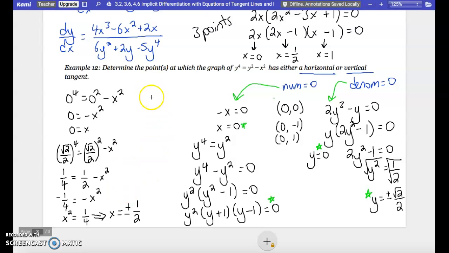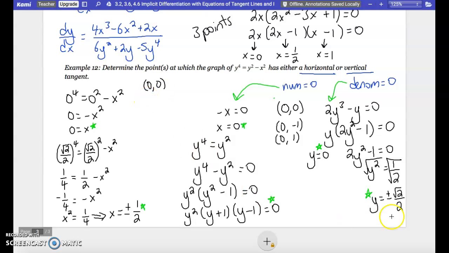So basically, the first thing we have to check is do we have any that overlap? So let's write out all of our points that would count for your denominator equaling 0 for a vertical tangent line. These were my x values that I found, and those are going to go with those y values. When I plugged in y equals 0, I got 0 comma 0.